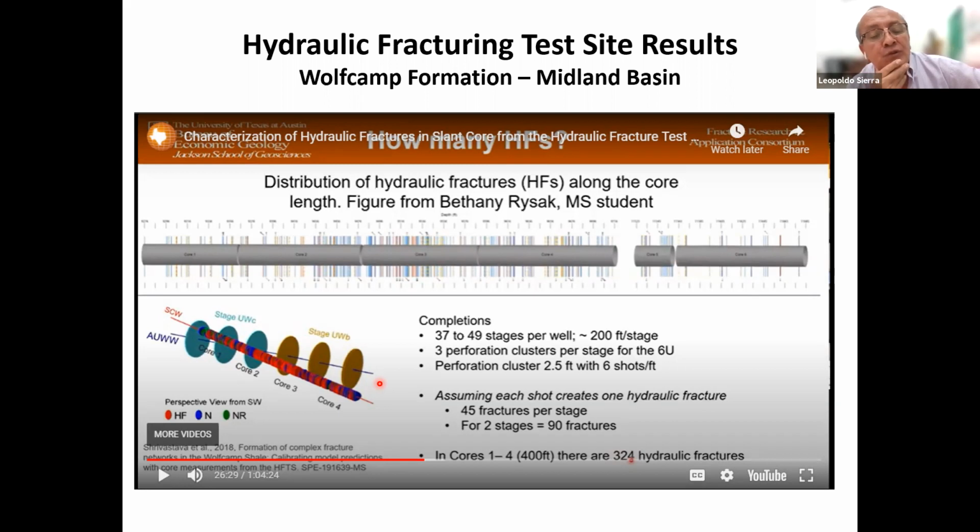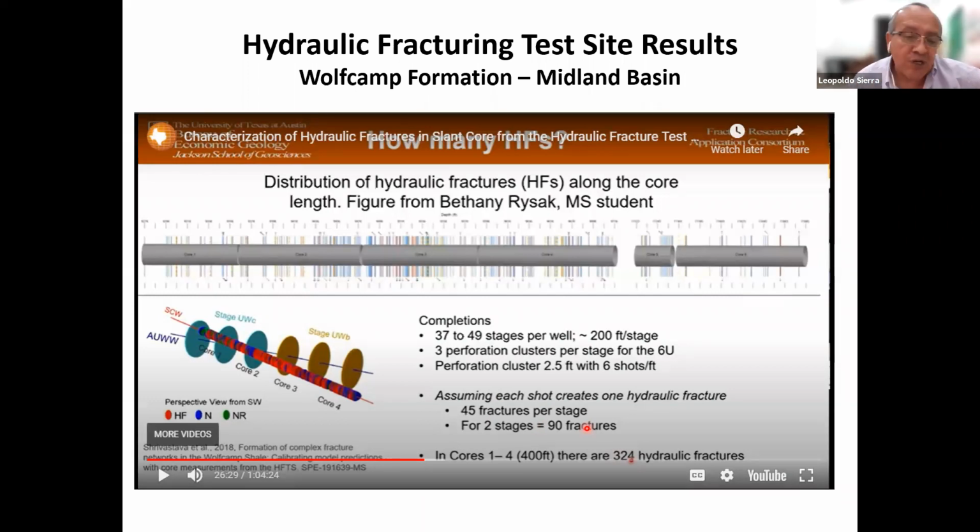And if you use 2 clusters of perforations, and the stage length is almost 200 feet, it means that you are going to assume that you're generating 1 fracture per perforation. So in theory, in 400 feet of wellbore, you are only going to be able to generate 90 fractures, assuming that you are generating 1 fracture per perforation.